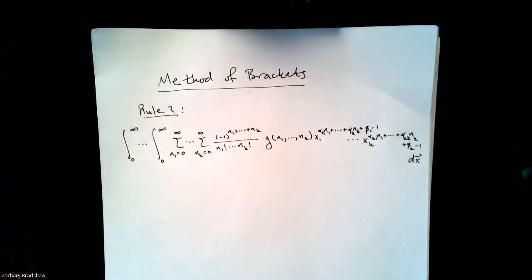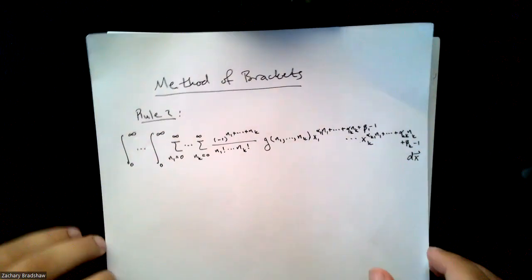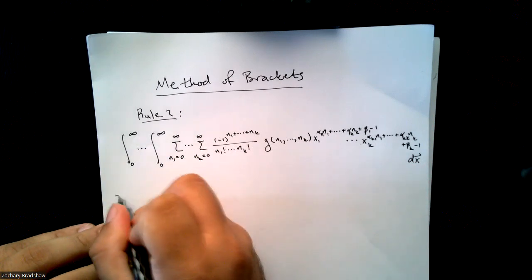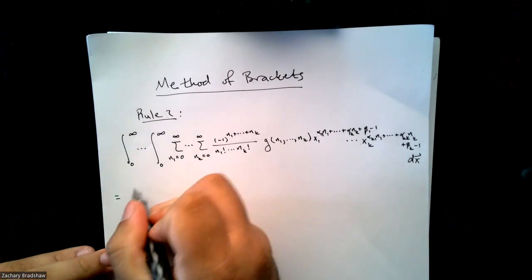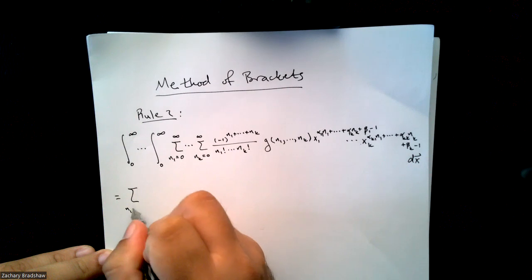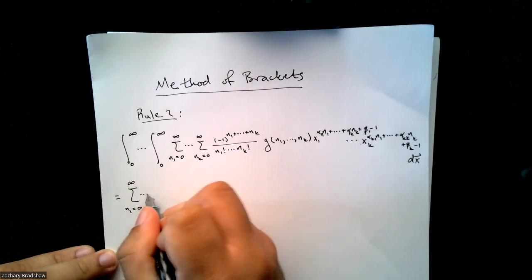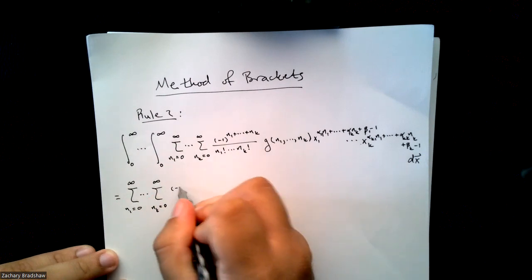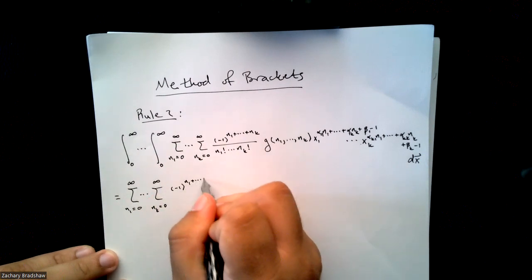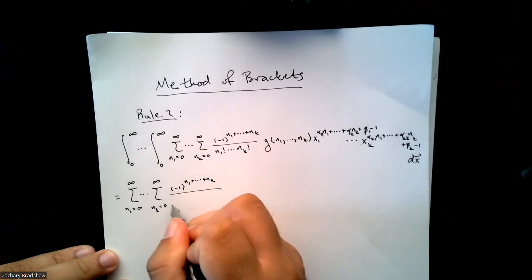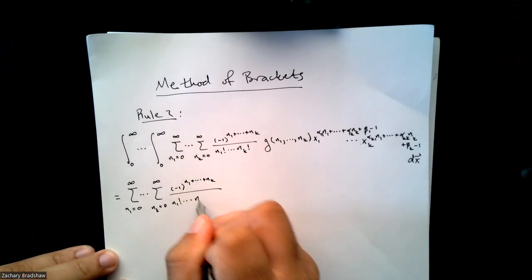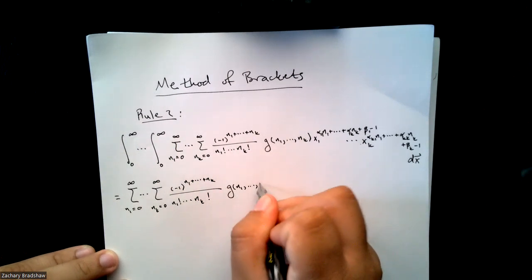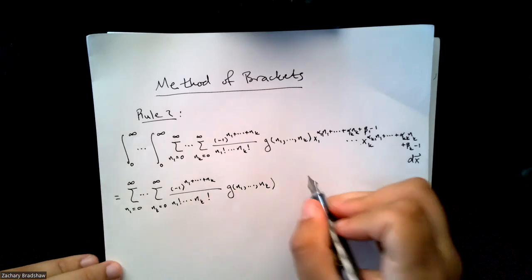All right, so what we want to do is compute this integral, and the method of brackets tells us to just ignore convergence once again and pull the sums outside. We'll pull out all the constants as well. And what are we left with?